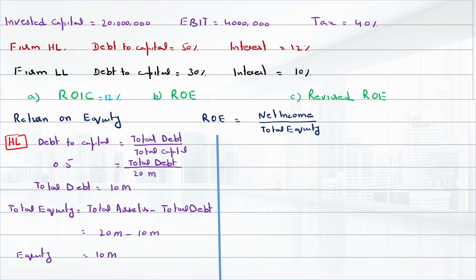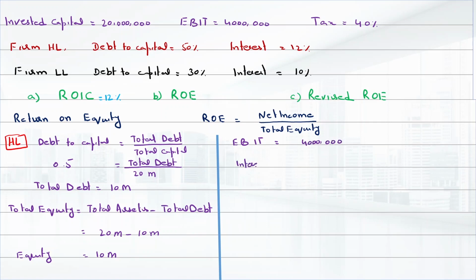Now we can find the net income. EBIT was 4 million.